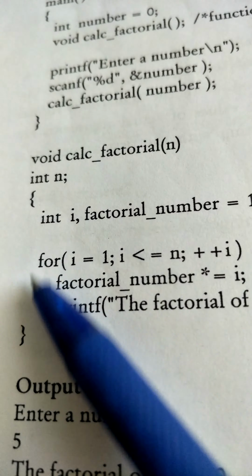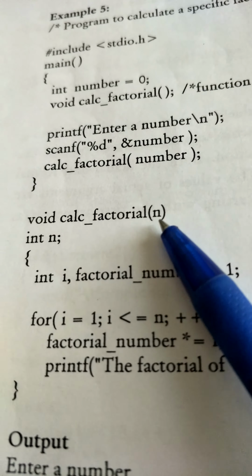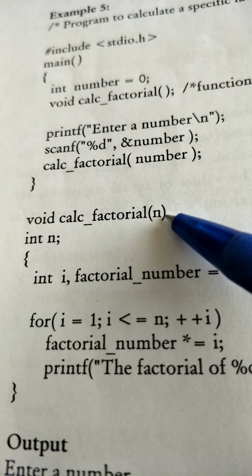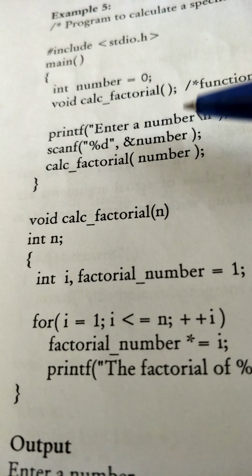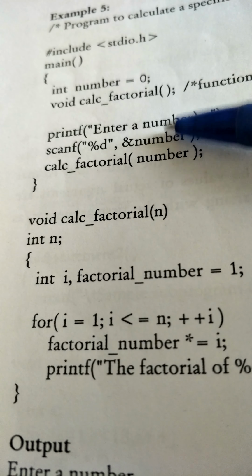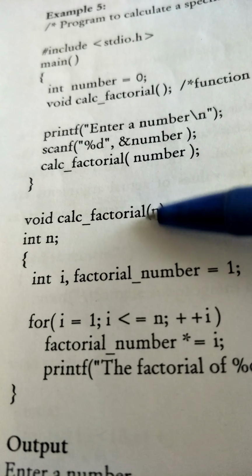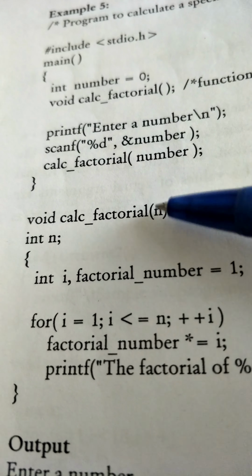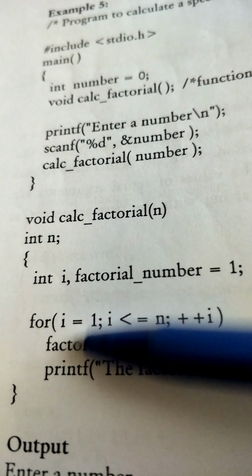So you can see here, we have argument n, which is obtained from the main program. You have scanned your number here, so this number from the main program we pass into the subprogram, into the function. Then this number is used inside the function.